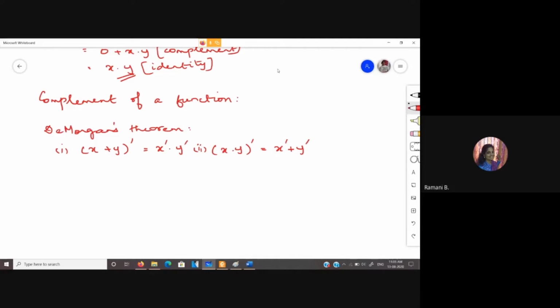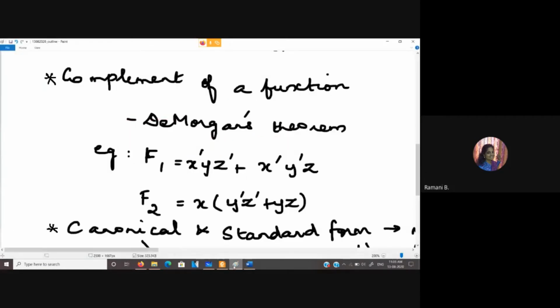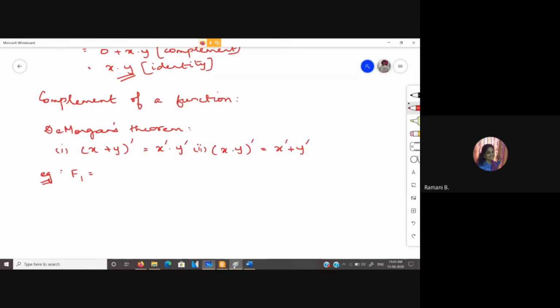Okay, so this De Morgan's theorem can be extended to any number of variables. So let us see how we are going to use this with examples. So first let us take f1 is equal to x bar y z bar plus x bar y bar z.